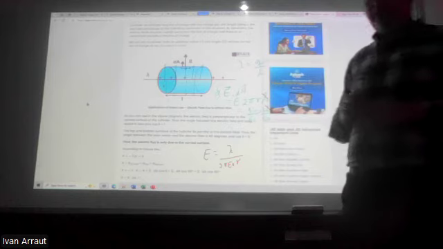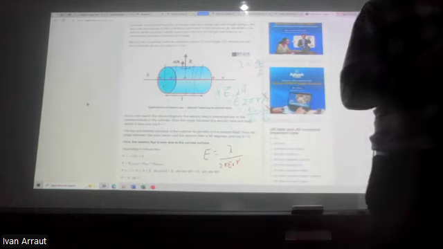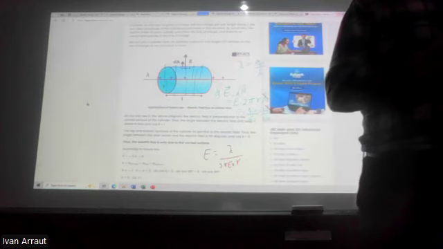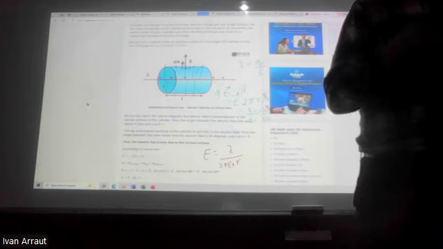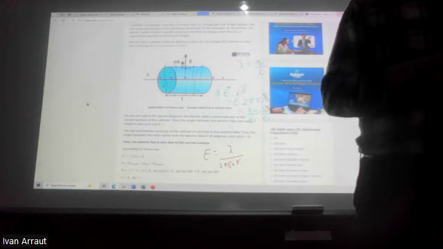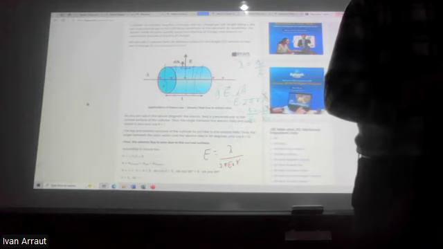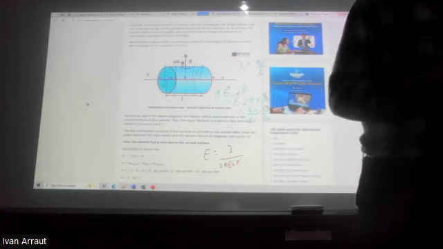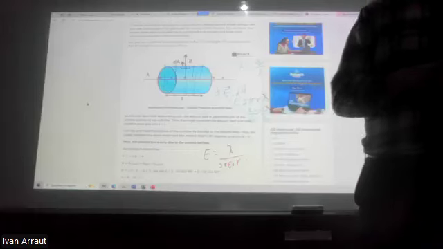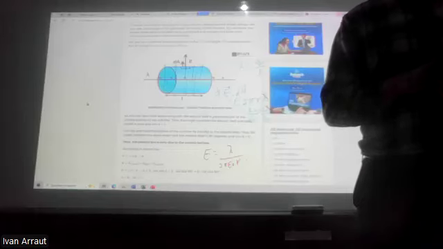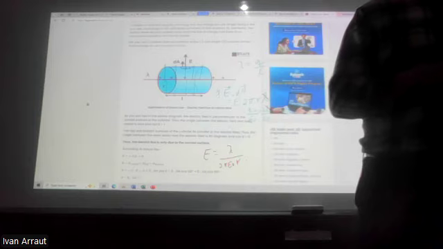Then in an exam, for example, I could ask you, what is the functional dependence between the electric field and the distance for spherical symmetry? You have to say 1 over r squared. Cylindrical symmetry, you have to say 1 over r, and so on. And you can deduce that via Gauss' law.